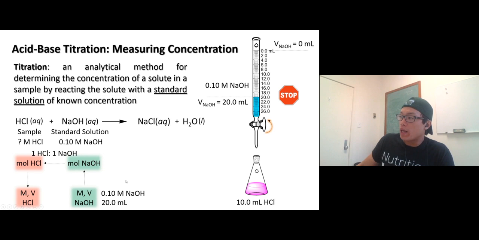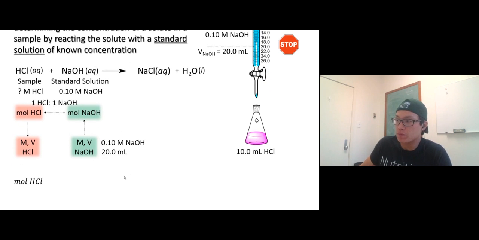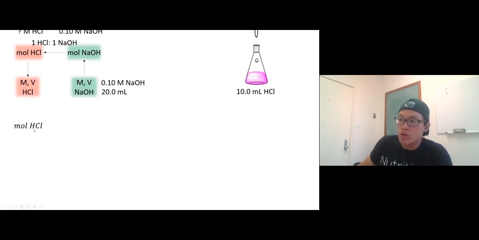So basically, the amount of 0.1 molar sodium hydroxide that reacts completely with hydrochloric acid in this solution is 20 milliliters. Right here you can calculate moles of sodium hydroxide, and then go all the way to the molarity of hydrochloric acid. I'll show you. We want to know the moles of hydrochloric acid. We know 0.1 mole of sodium hydroxide, that's the concentration, moles per 1 liter or 1,000 milliliters, and we use 20 milliliters of it.